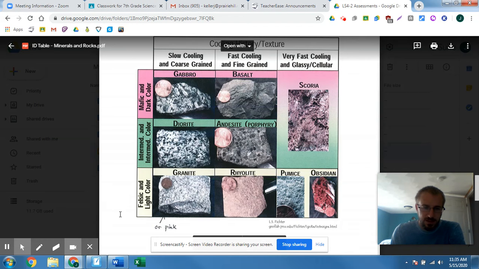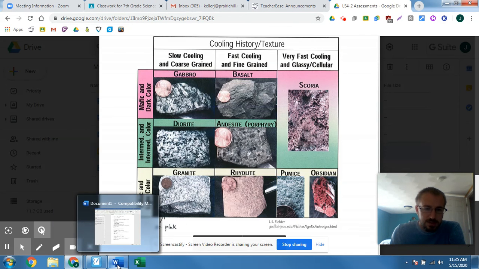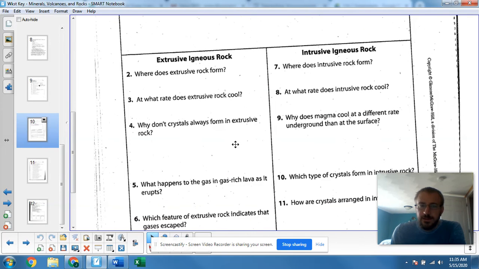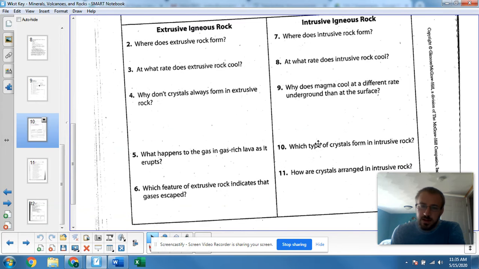Some of the questions you're going to get from your notes, like where do extrusive and intrusive rock form? How fast do they cool? Those are from our notes. Explaining why crystals don't always form when it cools at the speed that it does, or why magma cools at a different rate when it's under the ground.